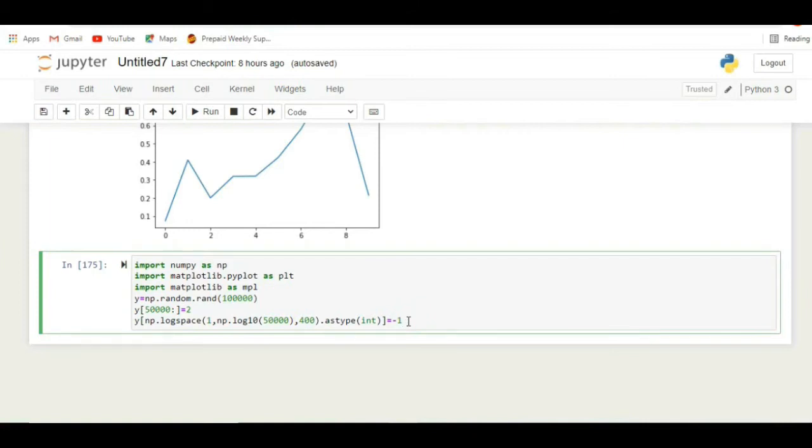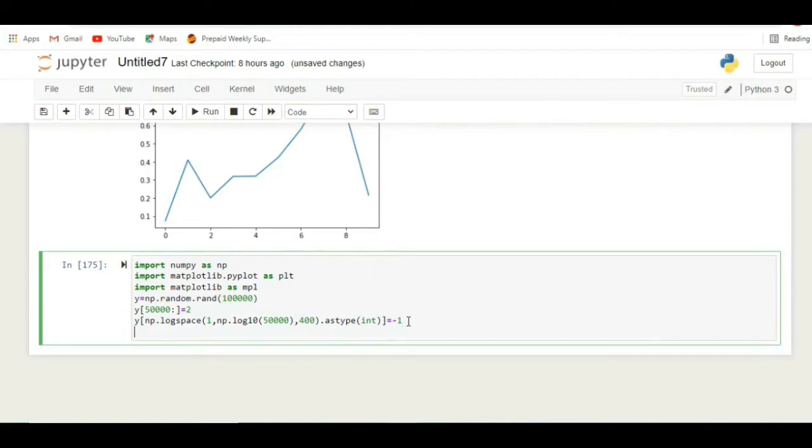So everything is good over here, but now if we write plt.show, I think the code is not completed yet. We have to make it complete first, then plt.show.